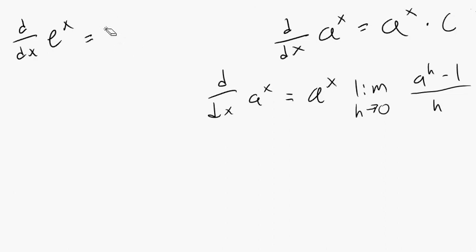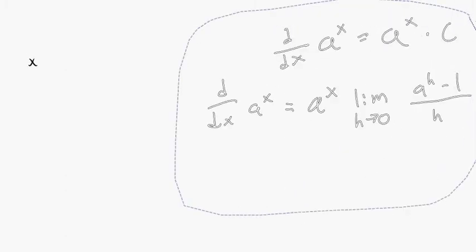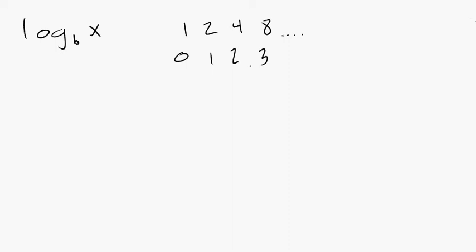So now let's look at the inverse of exponential functions. Let's look at logarithmic functions. So I'll get rid of all this. Now you'd have a logarithmic function, log base b of x, and that would just be the inverse. With the example we had before, you had 1, 2, 4, 8, etc. You would enter those into the logarithmic function, and you would get 0, 1, 2, 3.